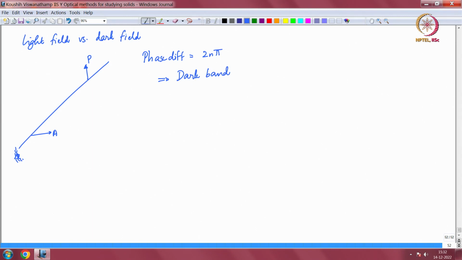So, the difference is an integer number of 2 pi. So, usually people define something called the fringe order, again you will see this term used quite often. It is defined as delta by 2 pi. Okay, so, in the dark field, so this is the dark field image, you will always pick up integer fringe orders.